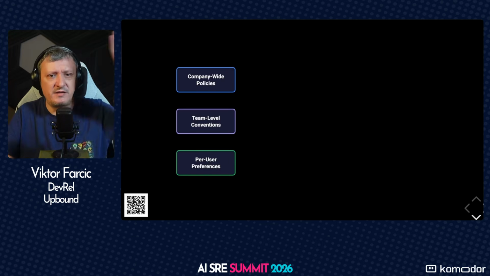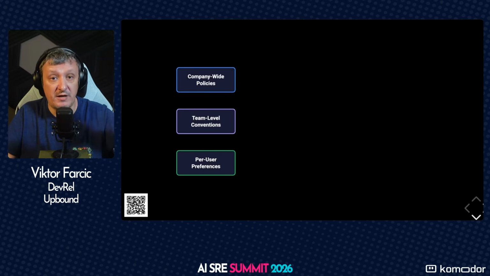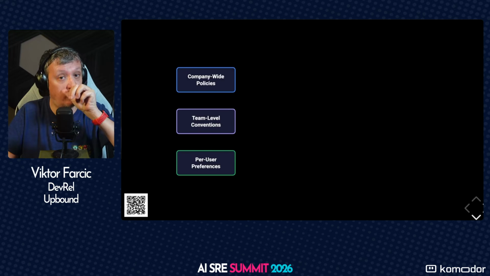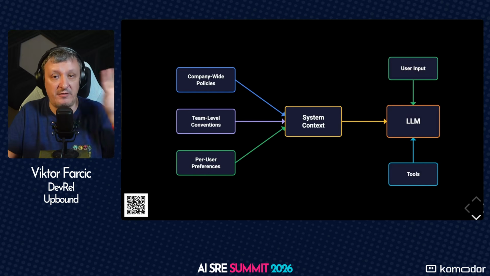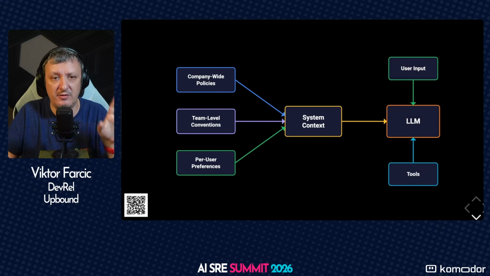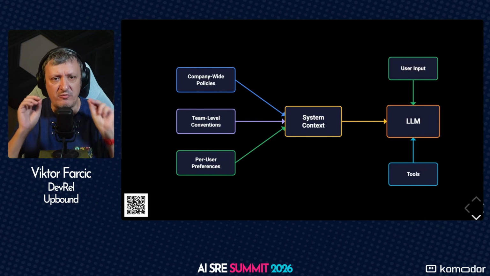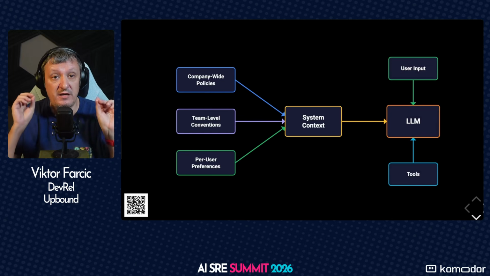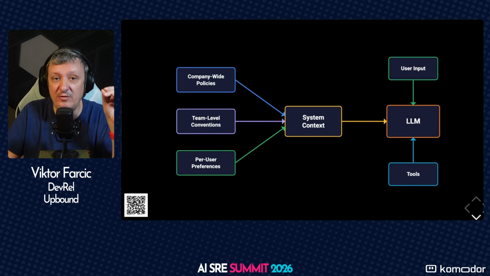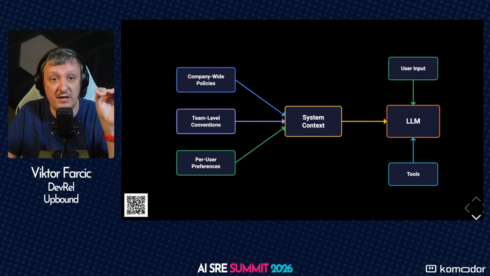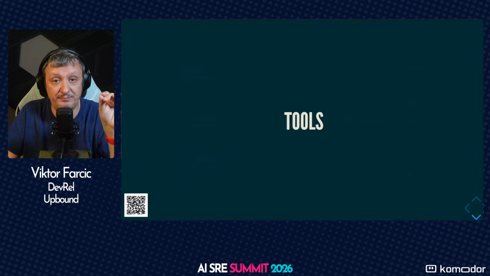There is an infinite number of permutations you can have there, but the point is that you want to construct that system-level context, that initial context provided to the LLM, together with the user input and the access to the tools, which we are going to discuss later. So you need to figure out how to construct the right context at the initial level if you want to do the right thing. It's fine if you use generic context, but that will not get you very, very far.